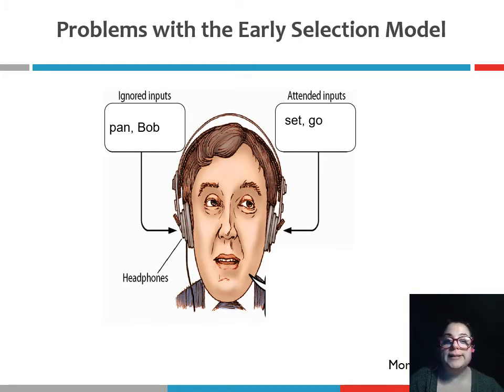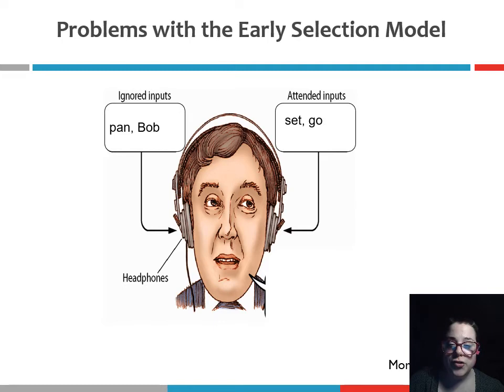So they've actually demonstrated the cocktail party effect in the laboratory using the dichotic listening task, right? Just like it sounds, participants would hear, maybe, a list of words in the attended ear, for example, set, go, and then in the unattended channel, they would also hear a list of random nouns, but suddenly they would hear their own name.